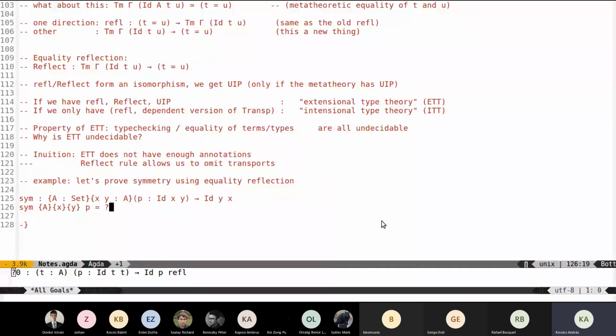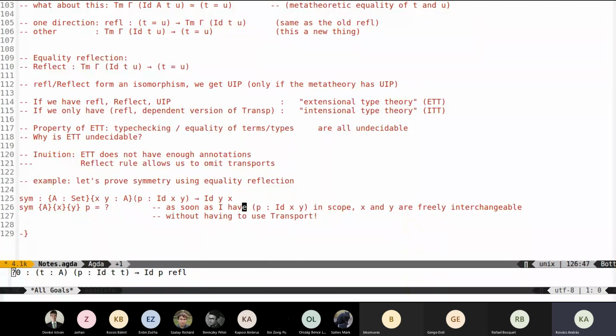So the reflection rule says that as soon as I have p in ID x y in scope, x and y are freely interchangeable without having to use transport.